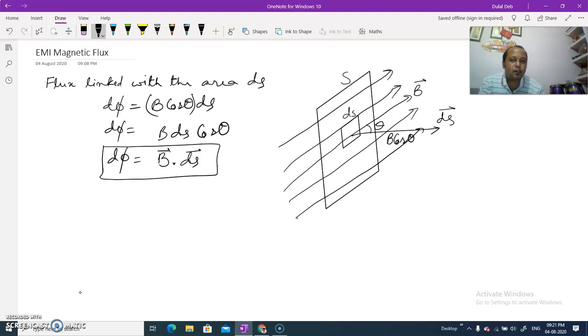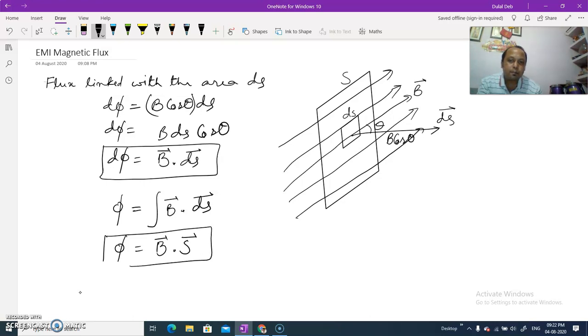It is the dot product of magnetic field and the area vector ds. Now if you want to find the flux linked with the whole surface, if it is given by phi, we can write it as the integration of B dot ds. We are taking the dot product over the whole surface. So flux can also be written as B dot S, where S is the whole area.